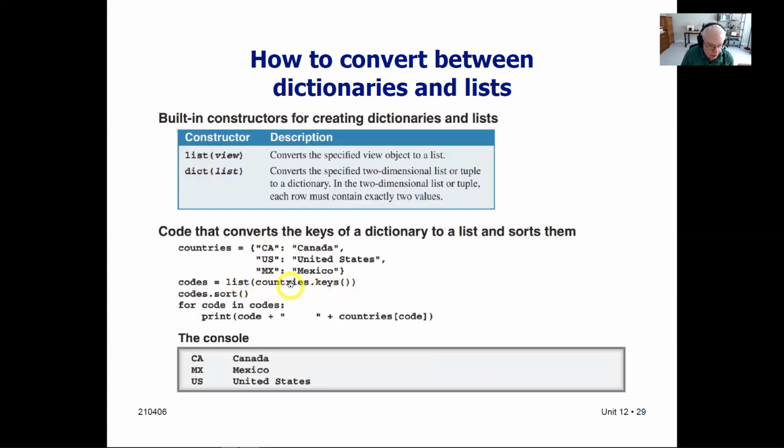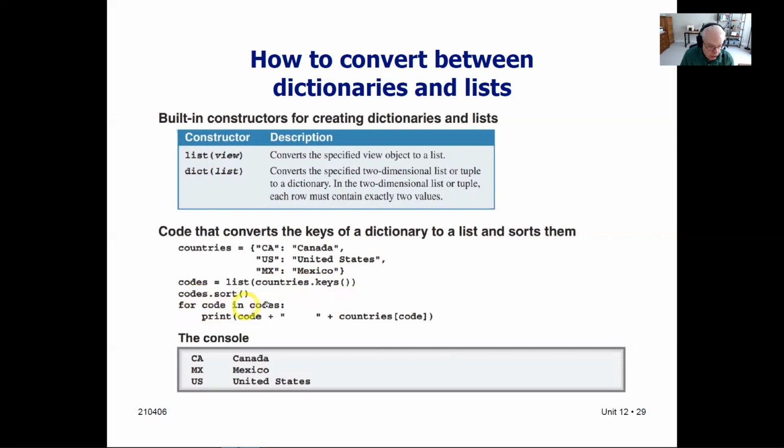We are going to run the countries dictionary through the keys method to get a list based on the keys. So this is going to give you good data, okay? It's going to give you a list of keys, and it's going to be called codes. Now we have all those codes, we can sort them because this is the sort method of a list, okay?